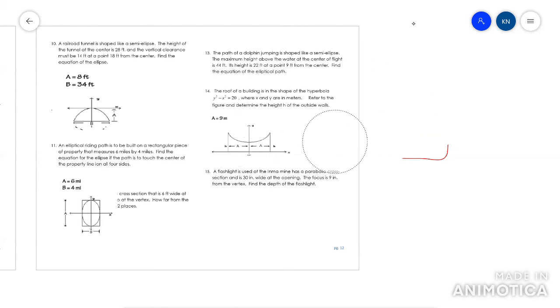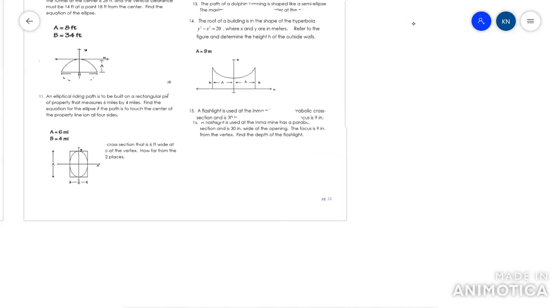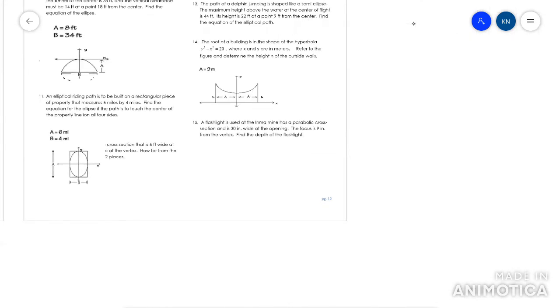Okay, and then this last one. I see the word parabolic, so I'm instantly drawing a parabola. They have a cross section and it's 30 inches wide at the opening. So this entire distance is 30. And we're going to call this the center, the vertex at 0, 0.